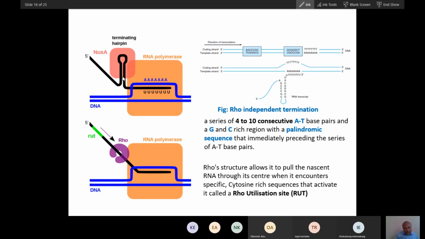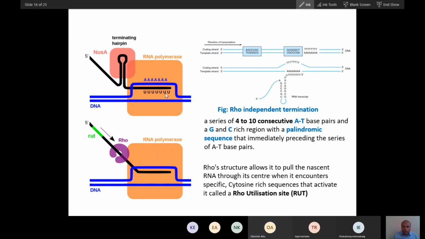Because of this weak bonding and loop formation, the RNA will detach from RNA polymerase. Then RNA polymerase also gets detached, because RNA polymerase binds to DNA with the RNA-DNA junction. If the RNA-DNA junction is not there, the RNA polymerase will also lose contact.